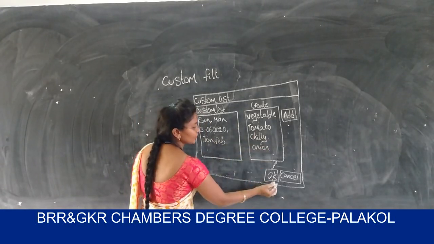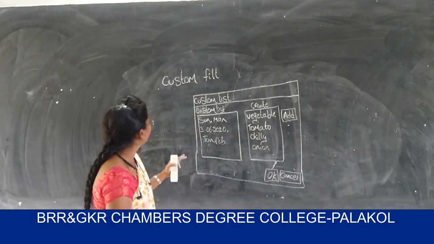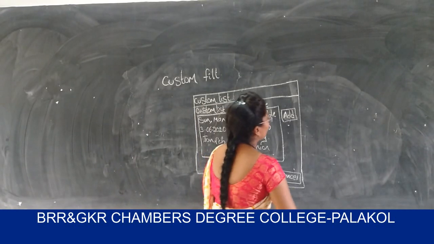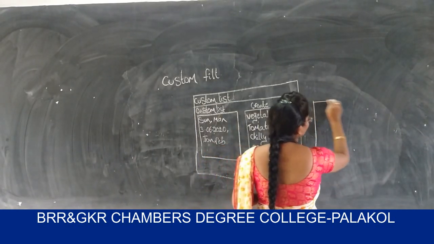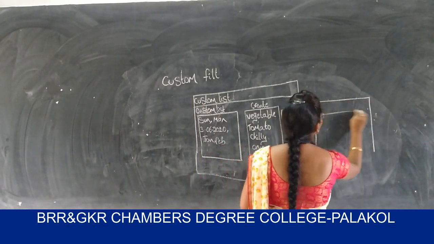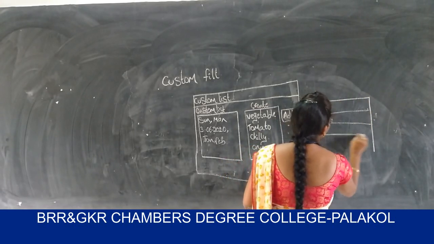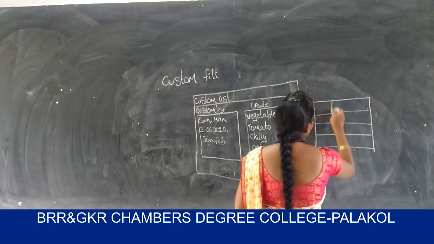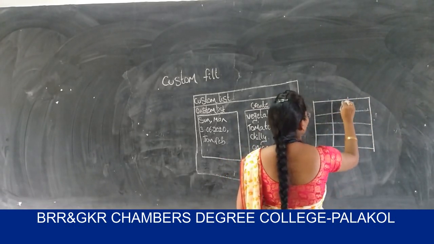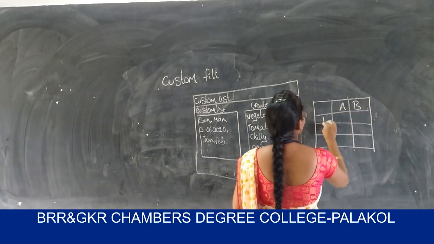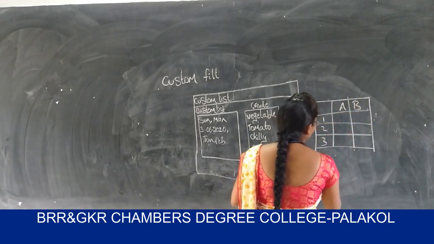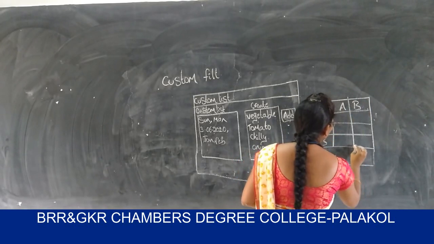After creating the list, click on the OK button, and after clicking on the OK button, go to the Excel sheet. Here I am taking a sample Excel sheet: column A, column B, row 1, row 2 and row 3.